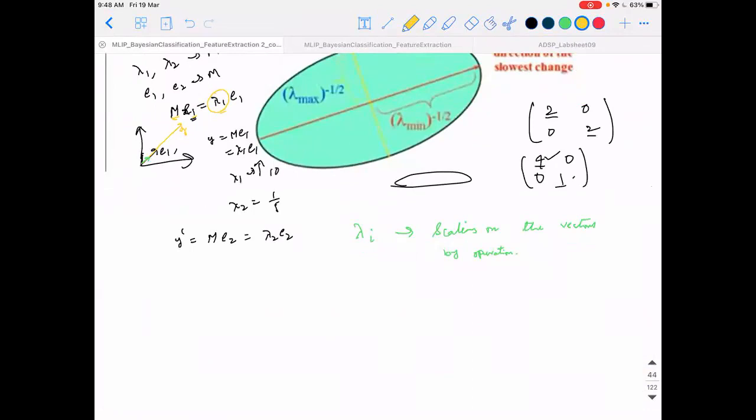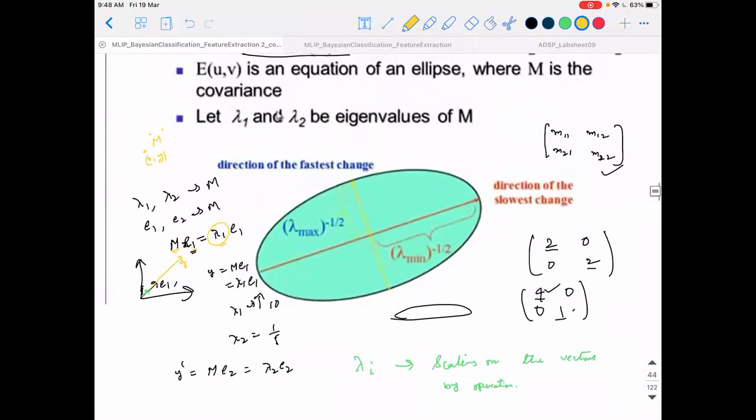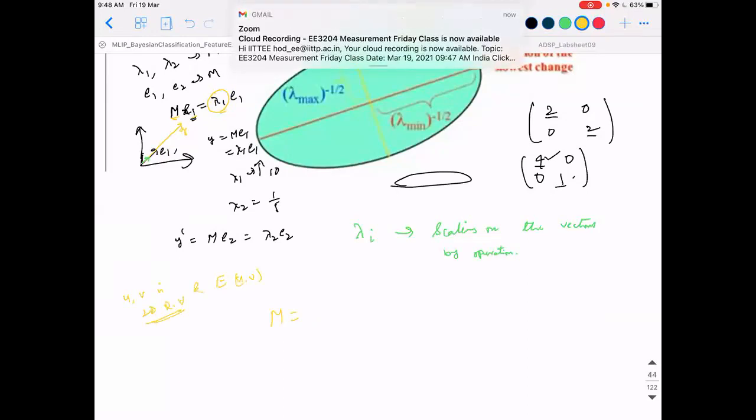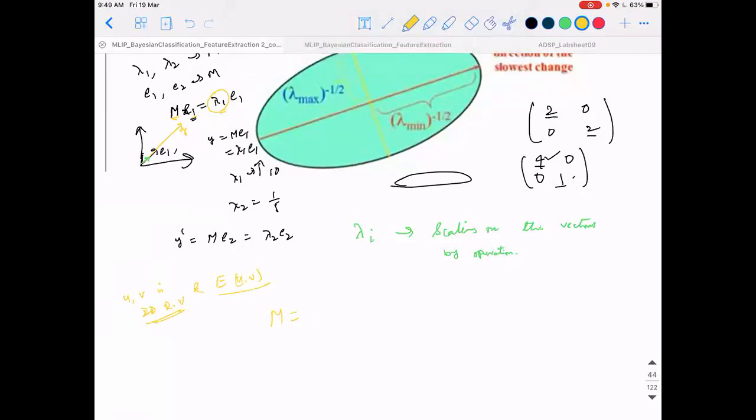So usually what we can relate to is this: if M is a covariance matrix, assume that I have some data points. Each shift u comma v, if I consider it as a random variable, in fact u comma v is a 2-dimensional random variable, and u comma v is a quantification of that random variable, or the probability density, proportional to the PDF of u comma v.